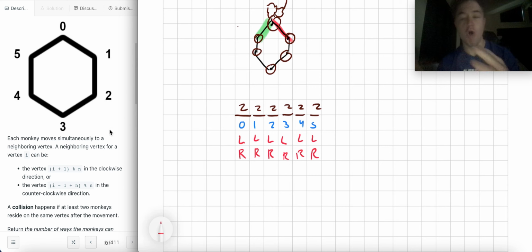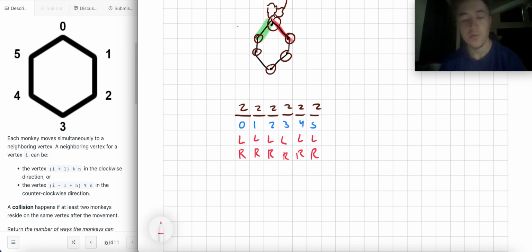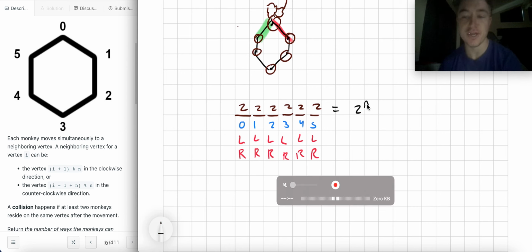So all the things that could happen are just all the string combinations you can get here. How many combinations could we get? We could get 2 to the n, because for each of the n monkeys, they can do 2 things.